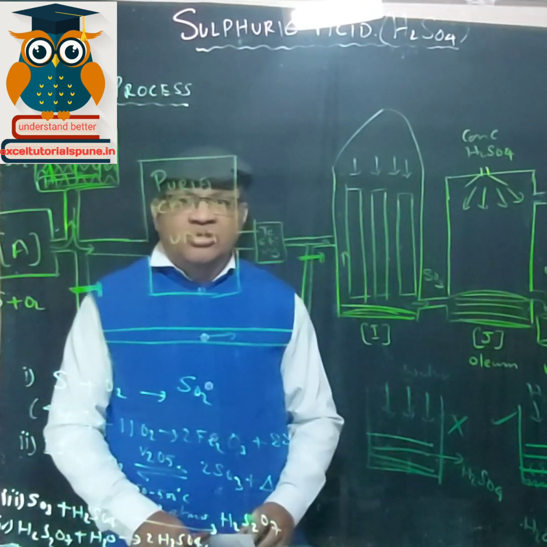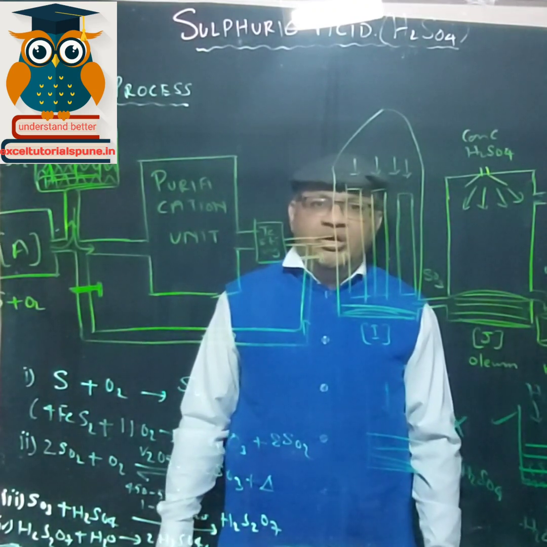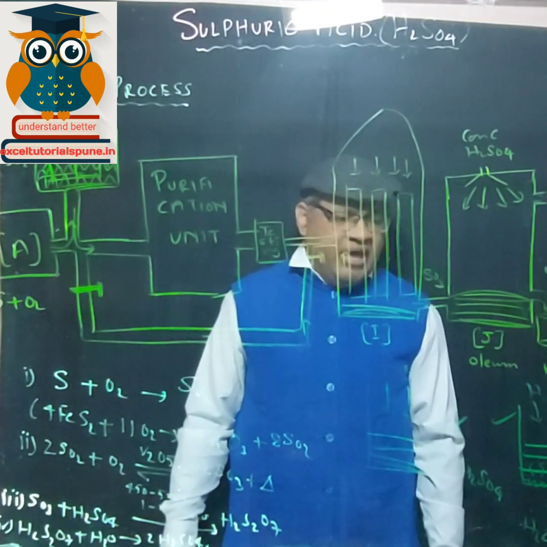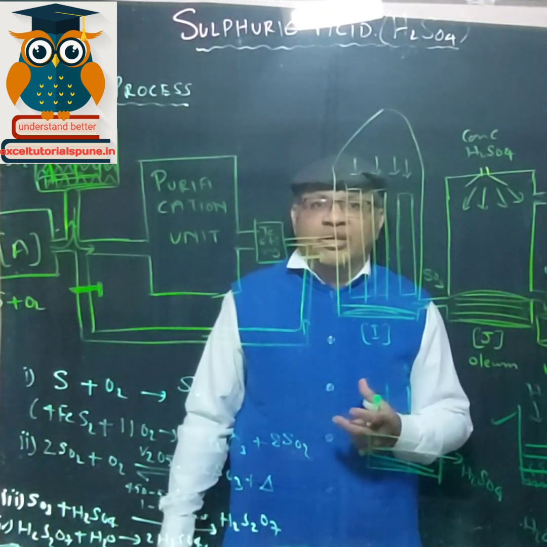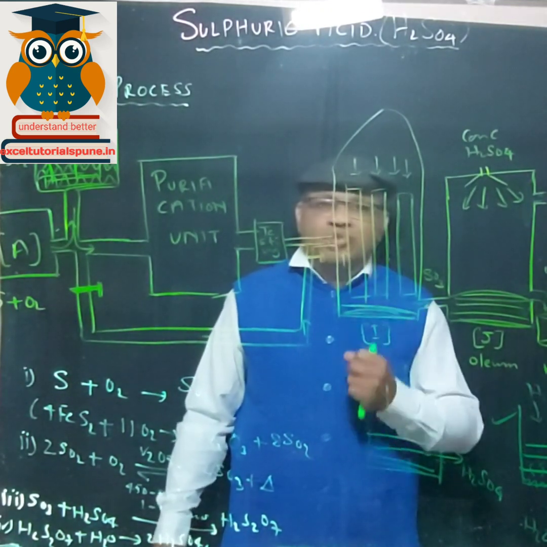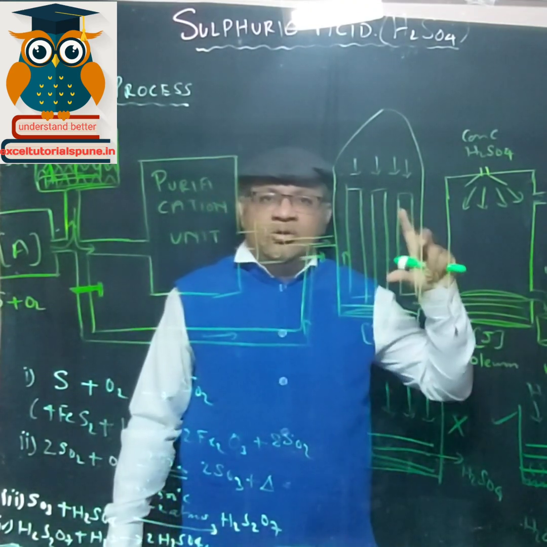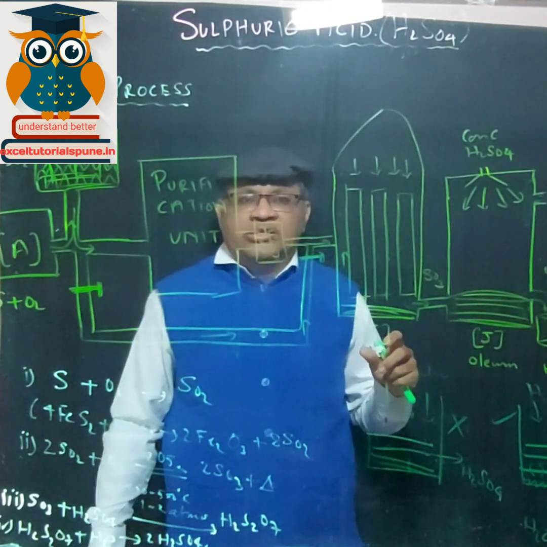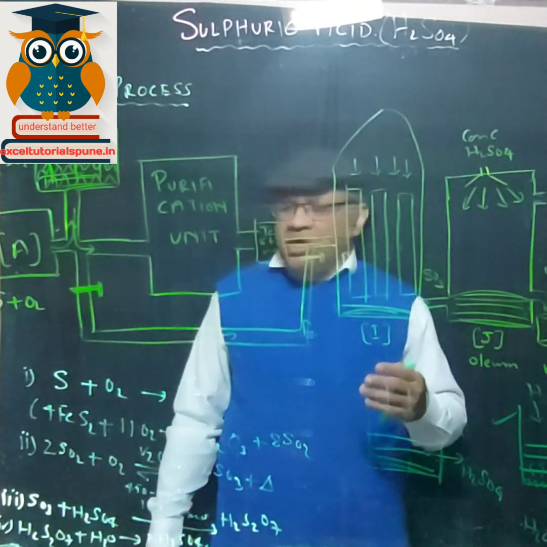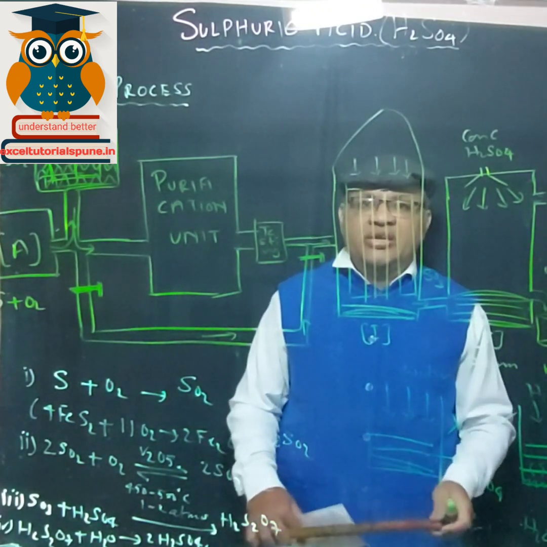Now another thing about sulfuric acid, it has properties of an acid. It dissolves in water, it forms a dibasic acid, and it is a very hygroscopic liquid. That means it absorbs moisture. That's why it is kept in tightly closed glass bottles. There are many properties of sulfuric acid.